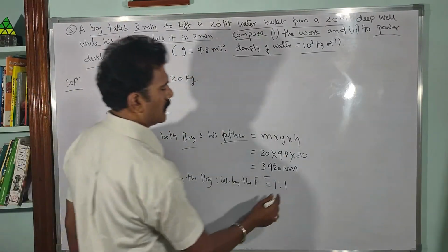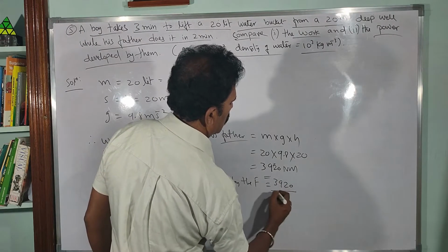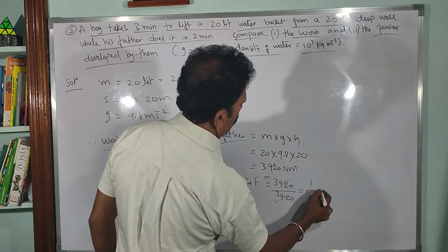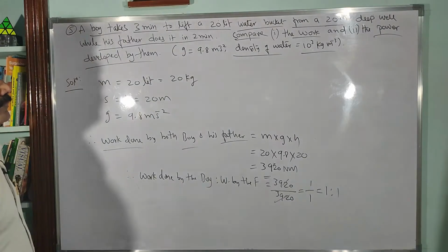If you want, you can calculate also: 3920 divided by 3920, cancel it, you will get 1/1 or 1:1. Like that you can show the value of comparison.